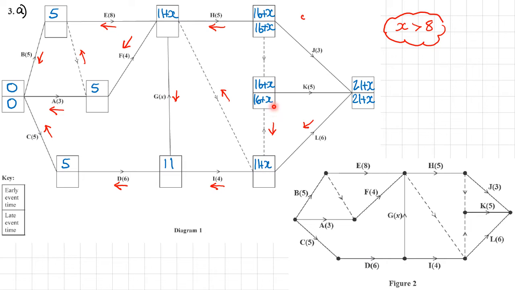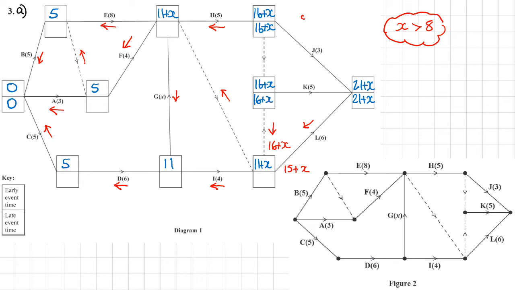And there's two ways of getting here. Either along here, 21 plus x minus 6, so that will be 15 plus x if we take this route, or if we take this route, dummy, no weight, no time, no duration, so 16 plus x.